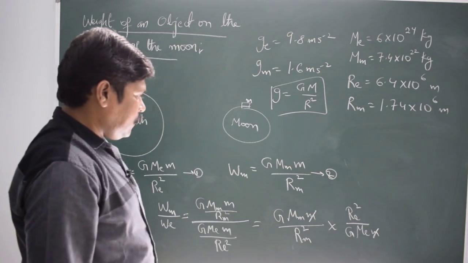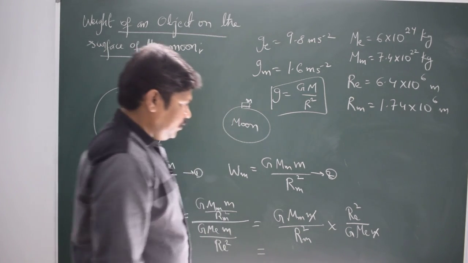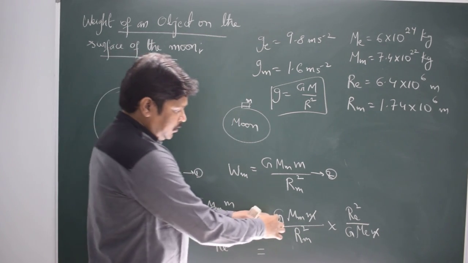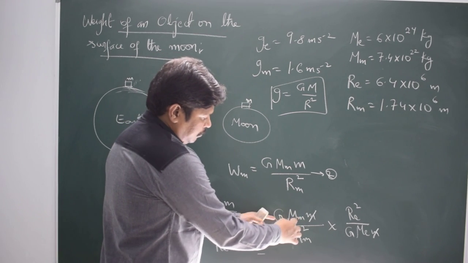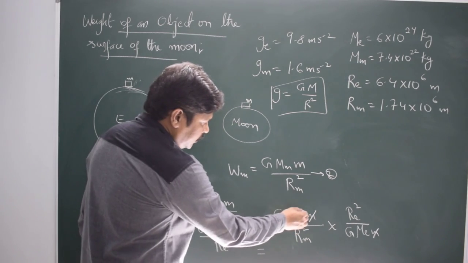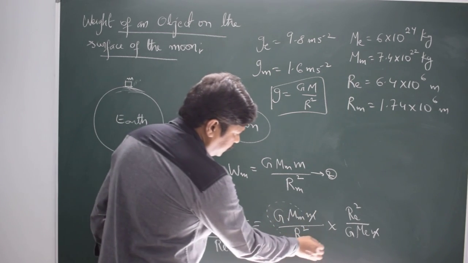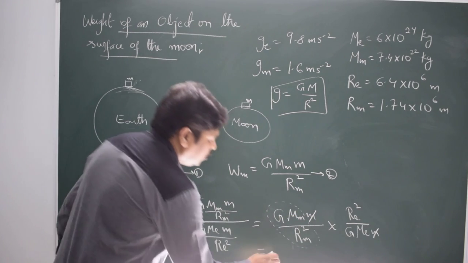Then I will put this equation. Here you see, G m, this is the mass of the moon by radius of the moon square. If you consider this particular part, it is nothing but the acceleration due to gravity on the moon.